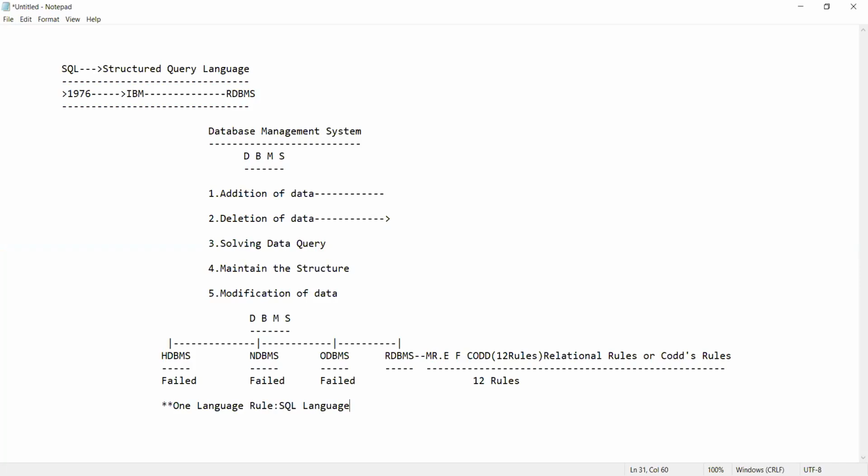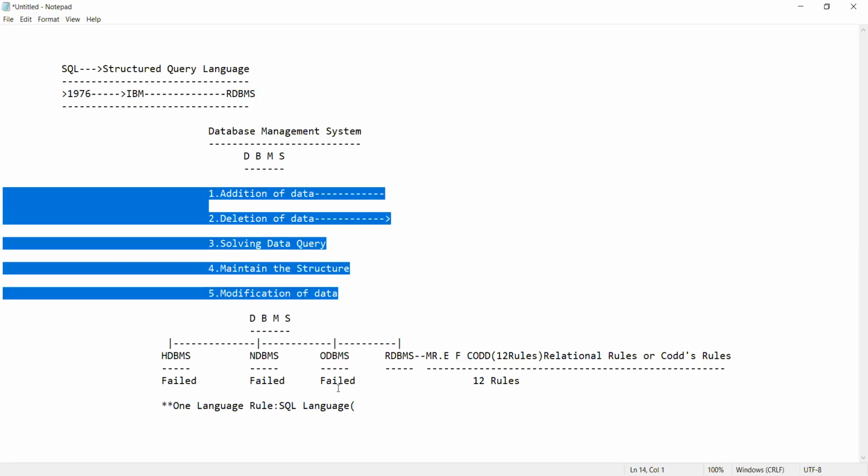According to the one language rule, a product which claims to be an RDBMS must and should use only one language, SQL, for achieving the above 5 tasks.